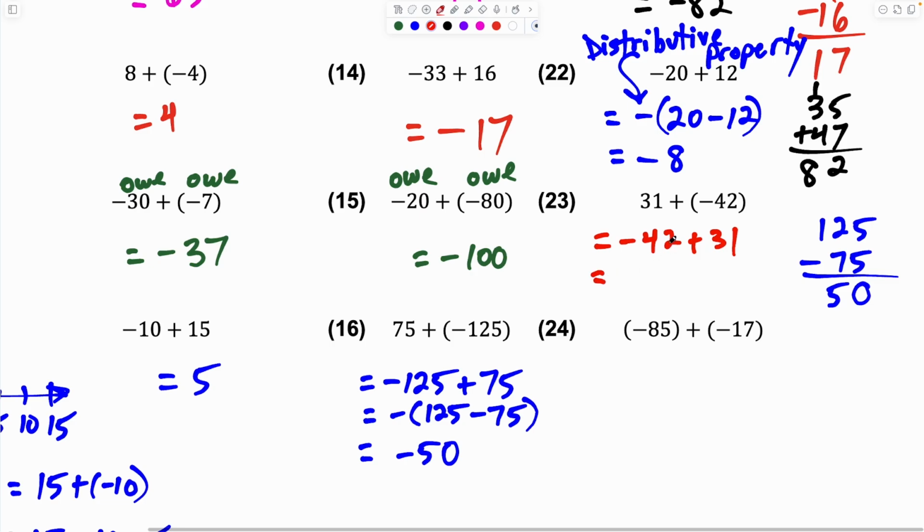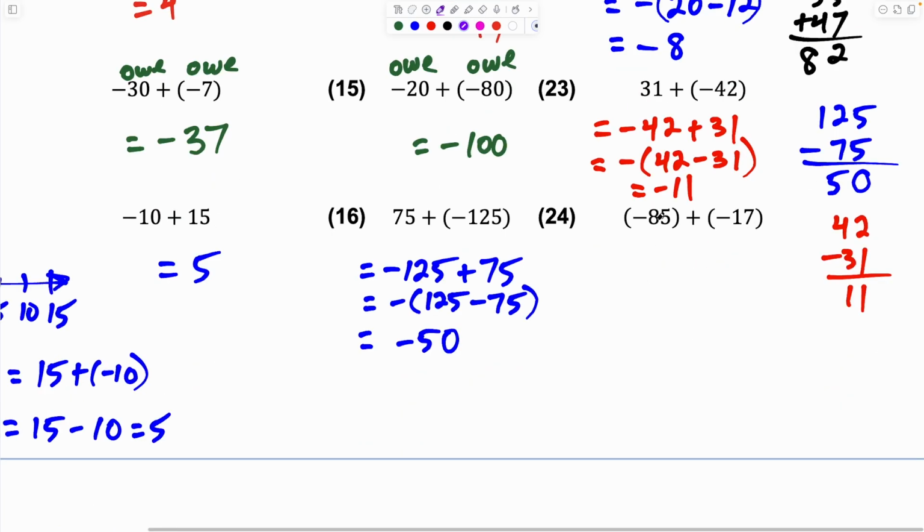And then from here, we could take that minus out, just like we did in the previous question, and we could write 42 minus 31. Okay, so negative 42 plus 31 is the same thing as negative, and then parentheses 42 minus 31. And if we do that subtraction, this is going to work out to 11. So we get the sum here of the original 31 plus negative 42 is equal to negative 11.